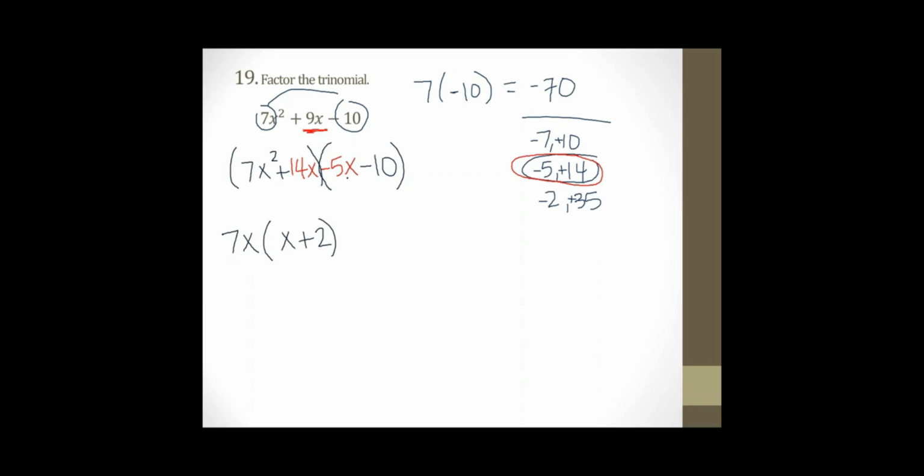The GCF between negative 5x and negative 10 is going to be negative 5, so I can get another x plus 2, because negative 5 times x is negative 5x, and negative 5 times 2 is negative 10. And then now I'm going to write the x plus 2, and then I have 7x minus 5, and that's my final answer, factored out.